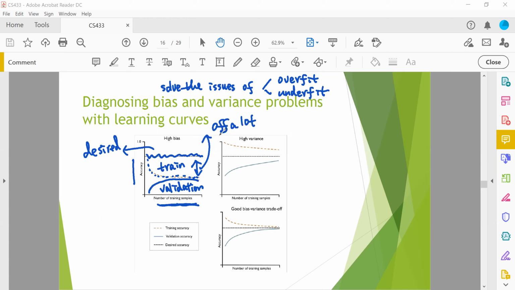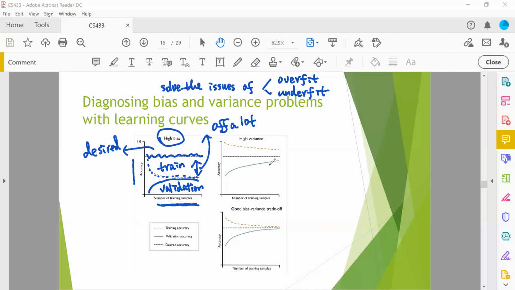But no matter what, both are far off the desired accuracy. That is caused by higher bias. Higher bias may be caused by your model being too simple, or you having too few training data. That can cause a higher bias.